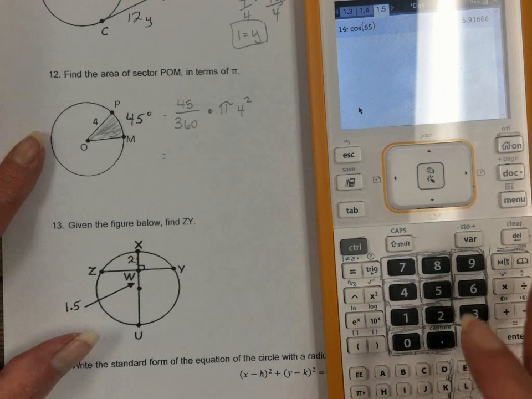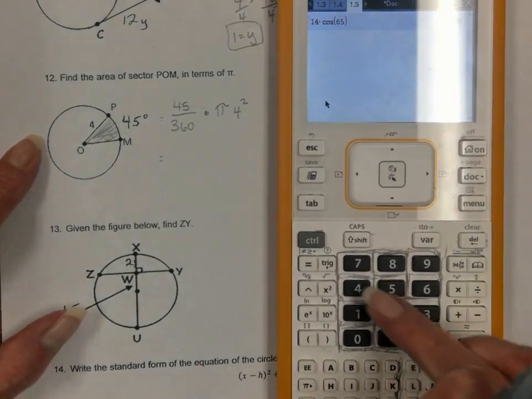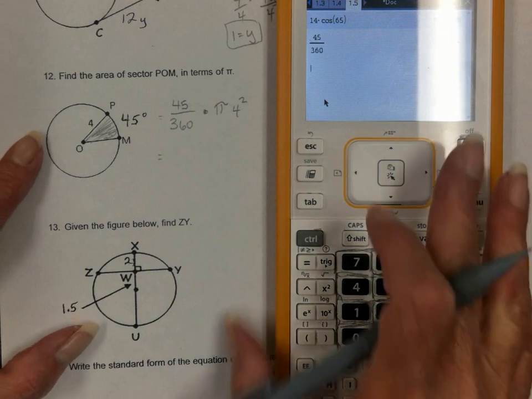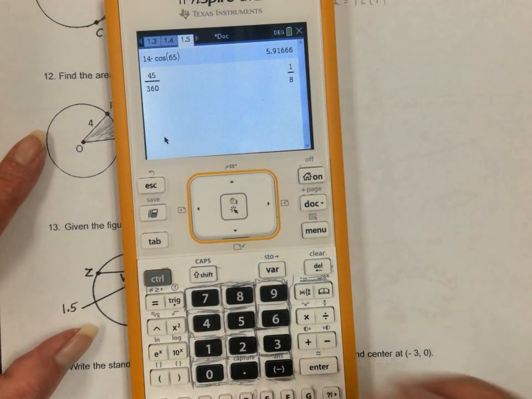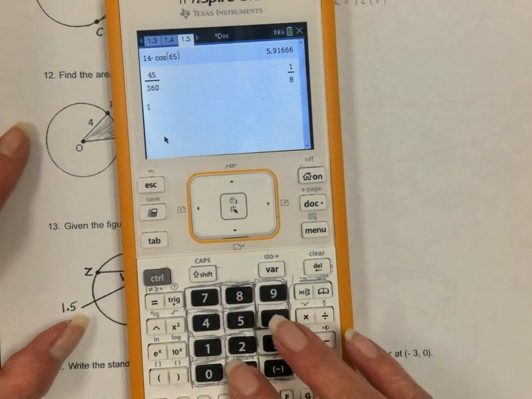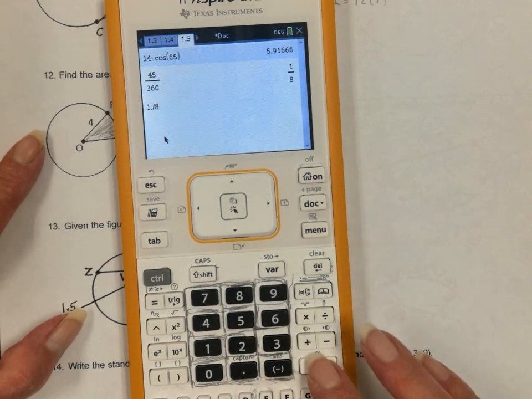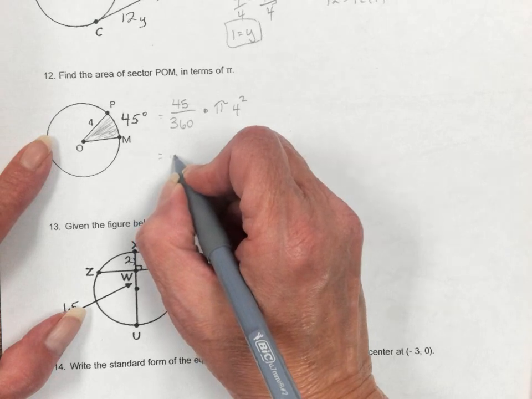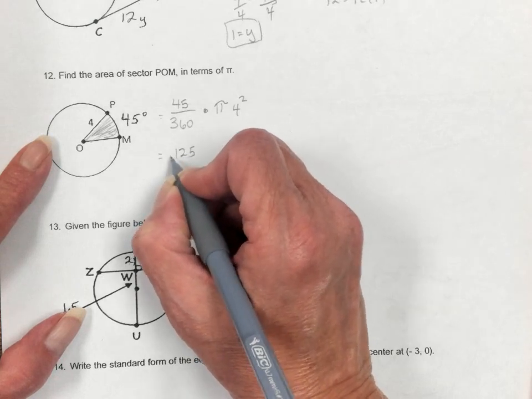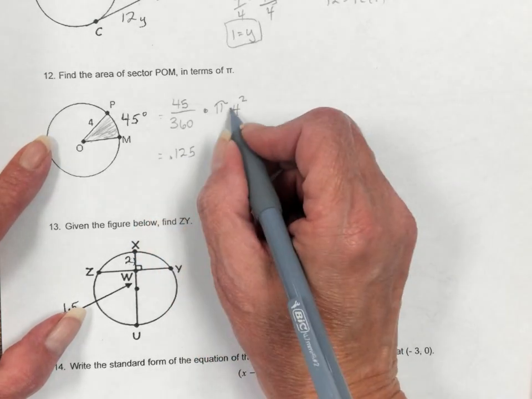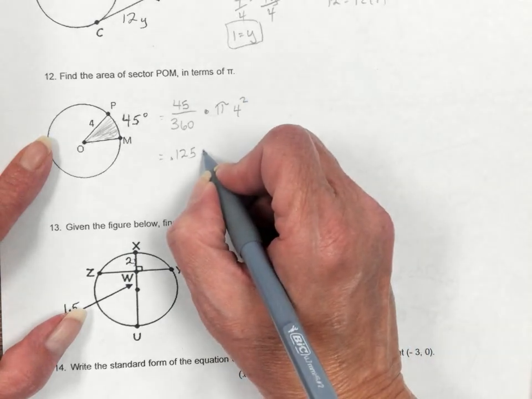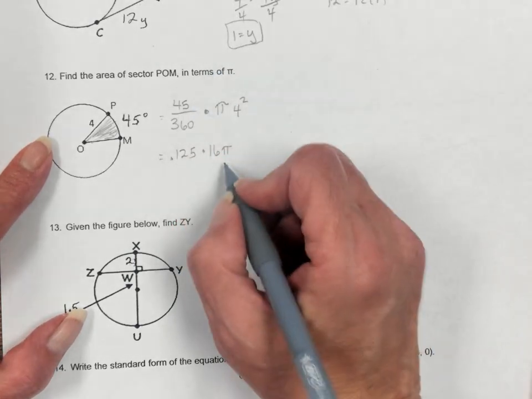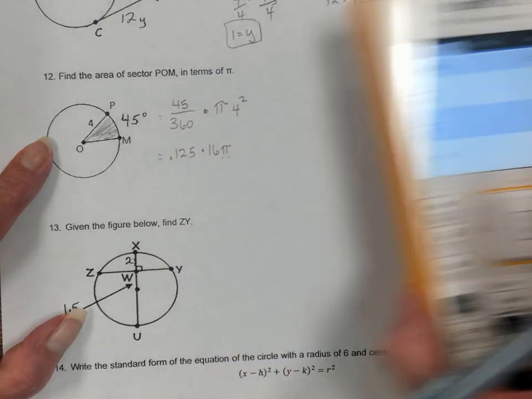Now, I'm going to go back to my calculator and do 45 divided by 360, and I get 1/8 because Ms. Hart can't remember to put in a decimal to get a decimal answer. 0.125 times pi times 16, or times 16 pi, but I want to leave it in terms of pi. So pi needs to be part of my answer.